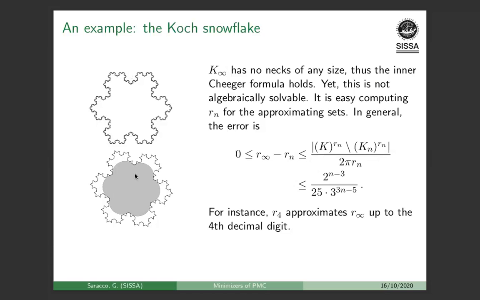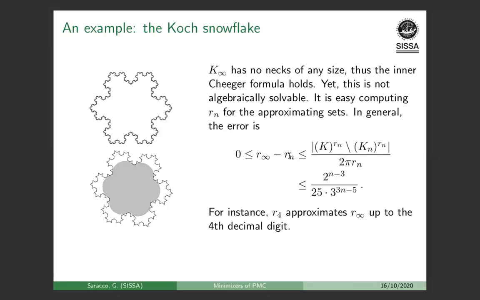So for instance, this guy here, the one depicted below, is, I think, the first iterate. Since the snowflake has no x of any radius, in particular it has no x for the inverse of its Cheeger constant, you can apply our theorem. So the inner Cheeger formula holds for this guy, but the same holds for its approximating sets.